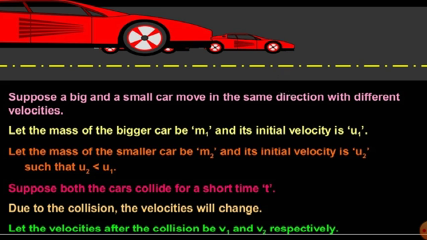Now in the proof of this, let's take two cars, one big car and another small car which moves from the backward. Let the mass of the bigger car be denoted by m1 and moving with velocity u1.